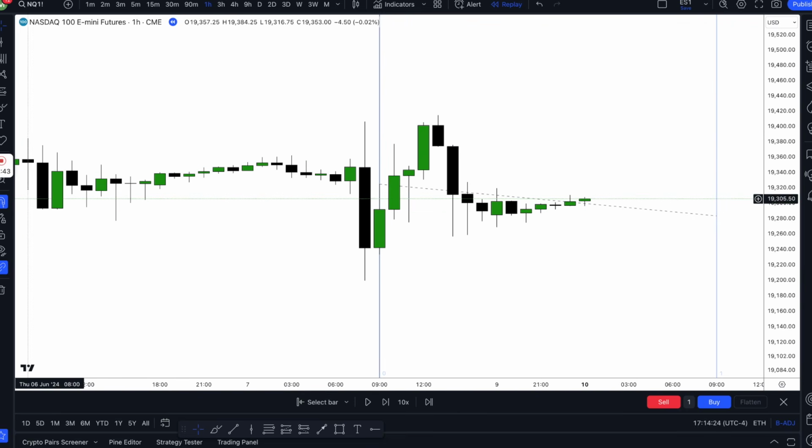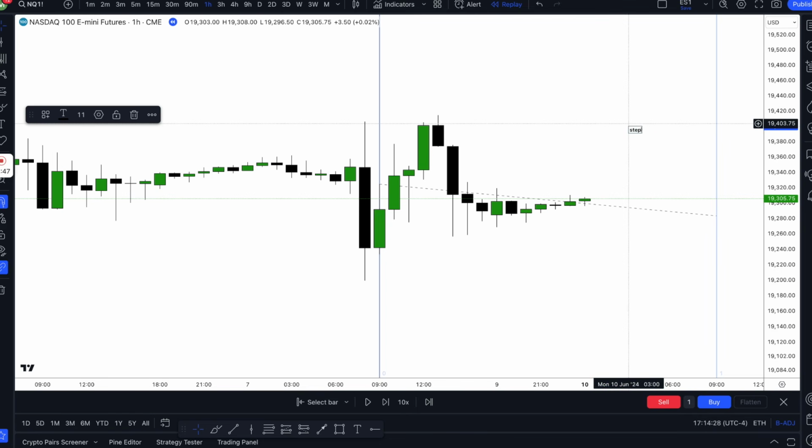Step 1 in the 9 a.m. CR model, of course, is to draw out the high and low of the 8 a.m. 1 hour candle. Step 2, of course, is to draw the high and low of the 9 a.m. 15-minute candle.